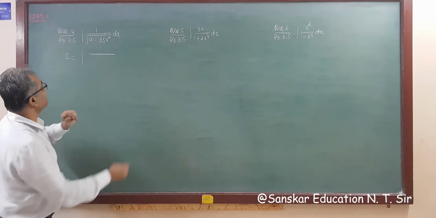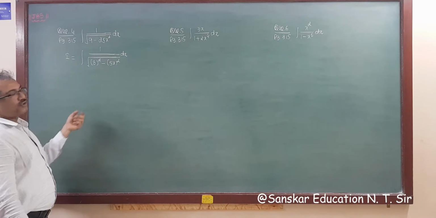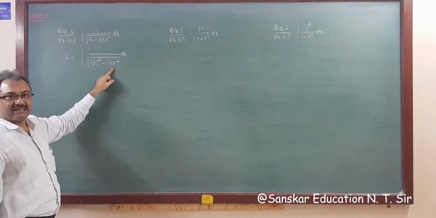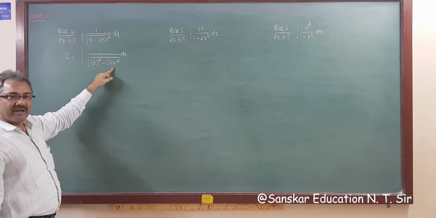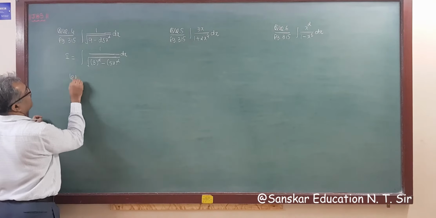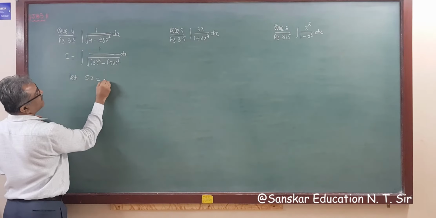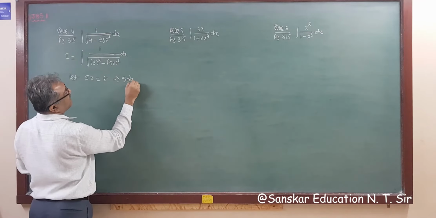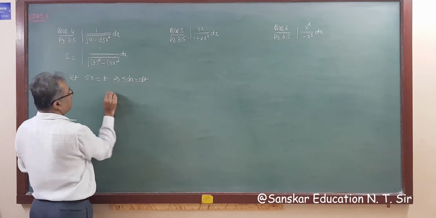So this is under root 3 square minus 5x whole square, a perfect square, dx. So now you have a formula, but instead of x this is 5x, right? So we have to assume this as new instead of x. So we assume that let 5x is equal to t. The derivative of this is 5 times dx is equal to dt.